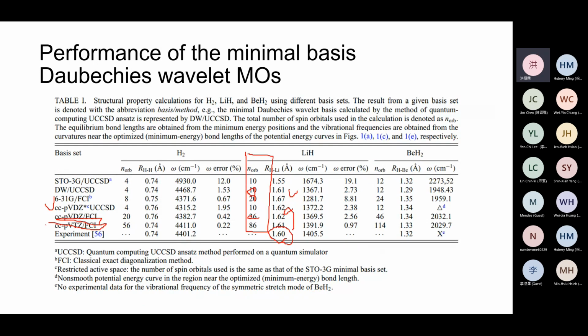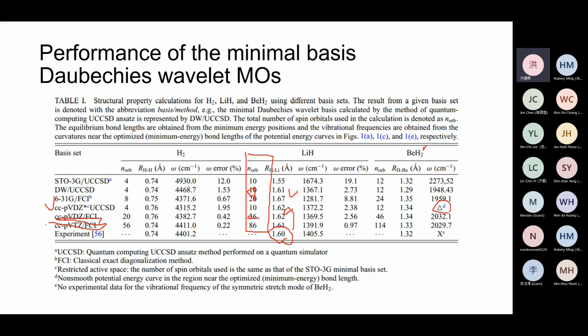And we can see that sometimes they can provide a better result for the hydrogen and for lithium hydride, but not for the beryllium hydride. And here's the problem. If we construct the Hamiltonian from the larger basis set and truncate to the small active space, we can use the same qubit resource and predict a better result.